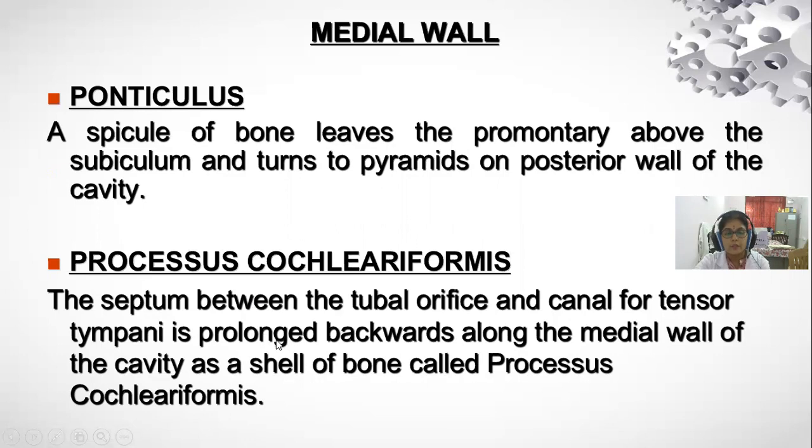Second, the tensor tympani muscle arises from the bony portion of the eustachian tube, hooks around the processus cochleariformis and gets attached to the neck of the malleus.